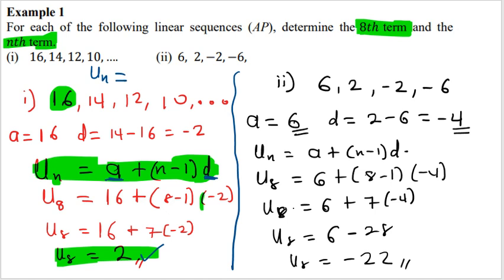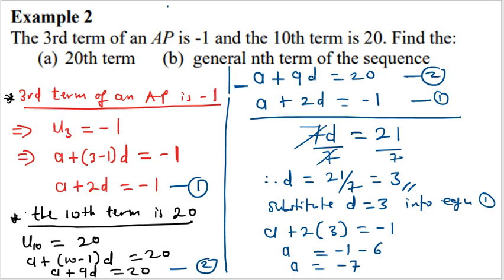My A is 16. Then plus n minus 1 times the D. And what is my D? The D in the question is negative 2. Let me check whether I did it here. Okay. Alright.